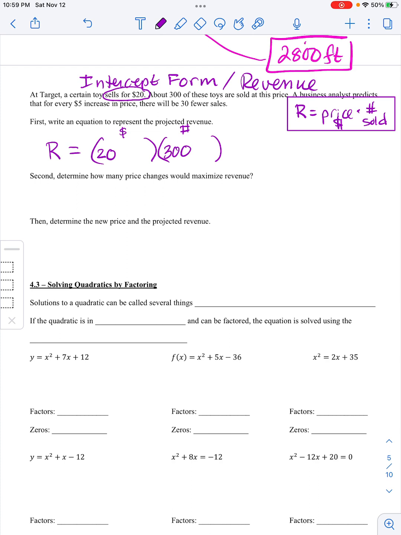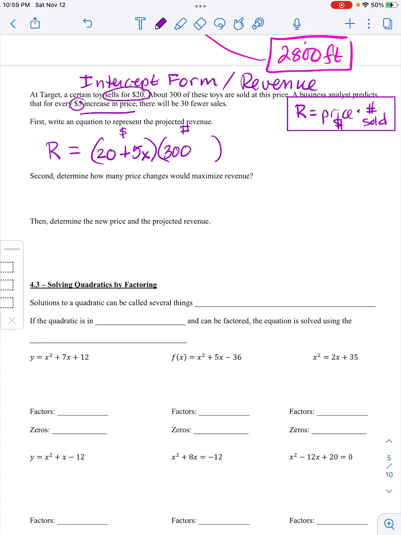But they're going to make a change in all of these problems. A business analyst predicts that for every $5 increase in price, okay, think about that. First of all, it has to go into my price factor. It has to increase by $5 every time you make a price increase, because it says business analyst predicts that for every $5 increase in price.